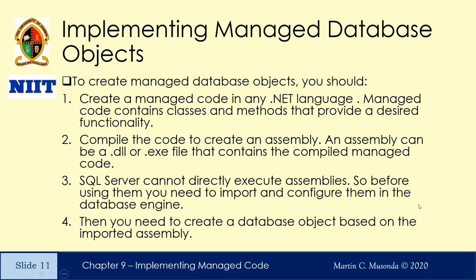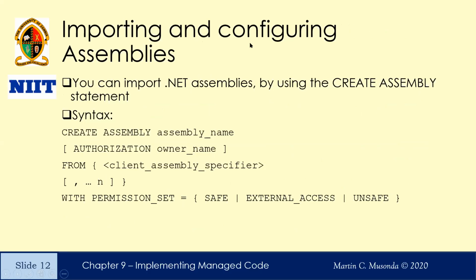Importing and configuring assemblies. You can import .NET assemblies by using the CREATE ASSEMBLY statement. And this is the syntax. CREATE ASSEMBLY. This should not be very strange because we have come across the keyword CREATE.